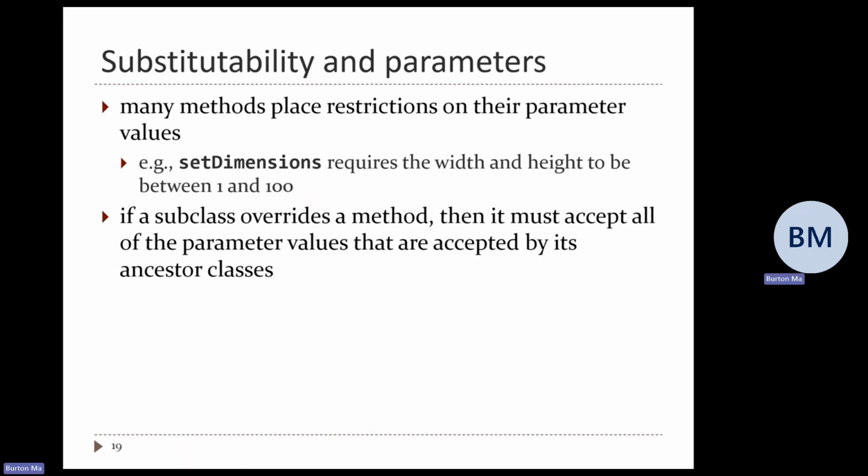Any subclass that tries to override set dimensions, when they override it, that method must accept all of the parameter values that are accepted by the ancestor class version of set dimensions. So in other words, if you override set dimensions, then it should accept all values between 1 and 100, and it should throw an exception if the values are outside of that range.